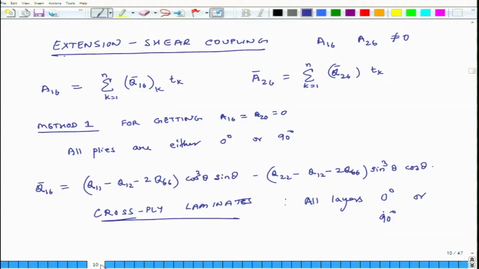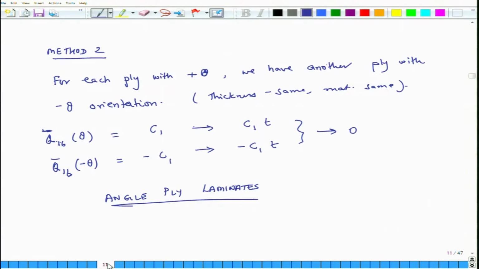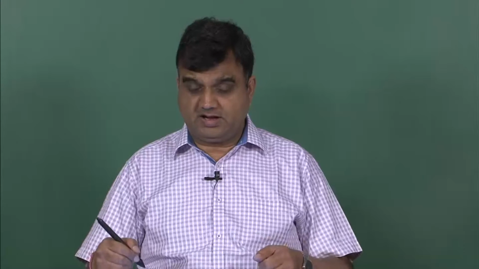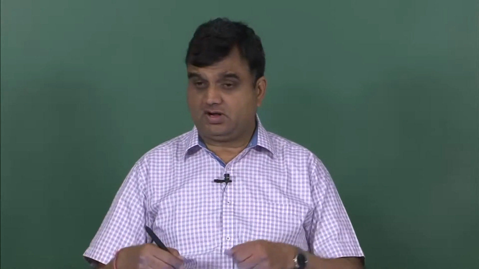One more thing I would like to say in this context is that if A16 is equal to 0 and also A26, then what does it mean? If I have a flat plate and I pull it, it will only exhibit extensional strains, it will not exhibit shear strains. Similarly, if I apply shear stresses on it, it will only exhibit shear strains, it will not exhibit extensional strains. Now, this is the behavior of orthotropic materials.